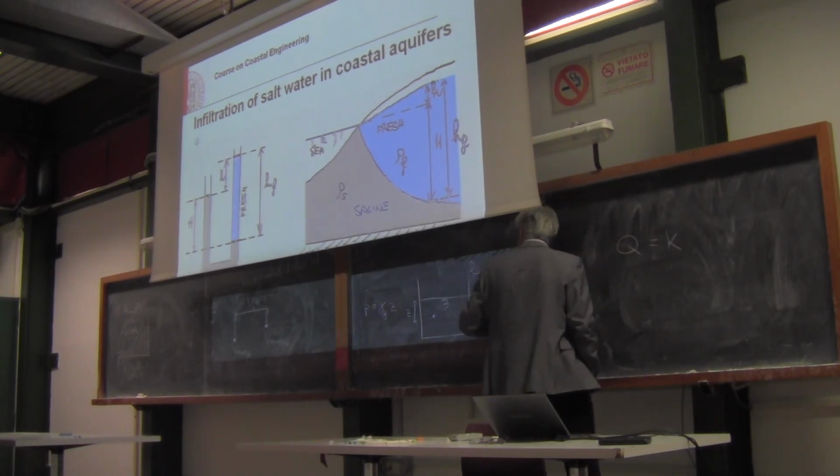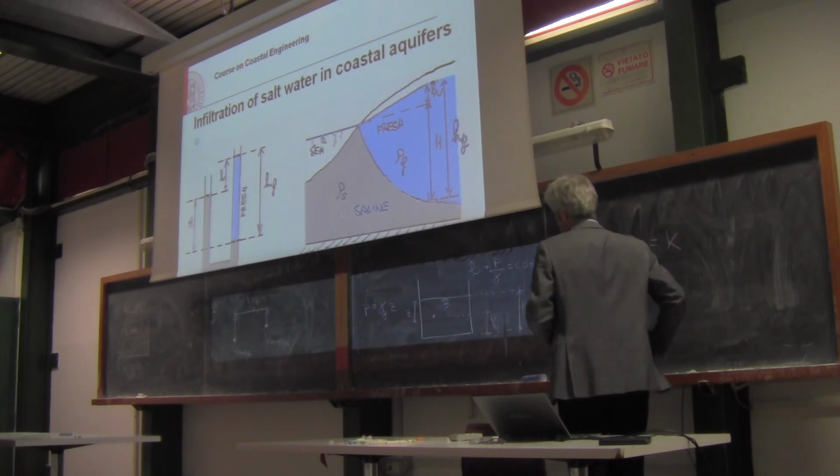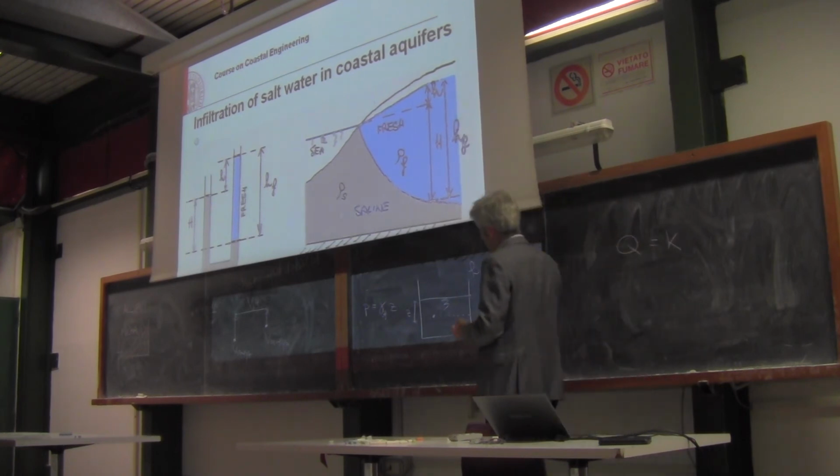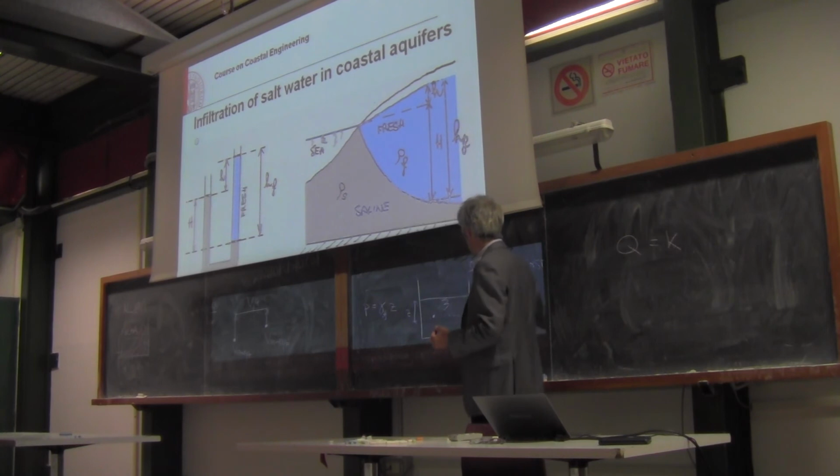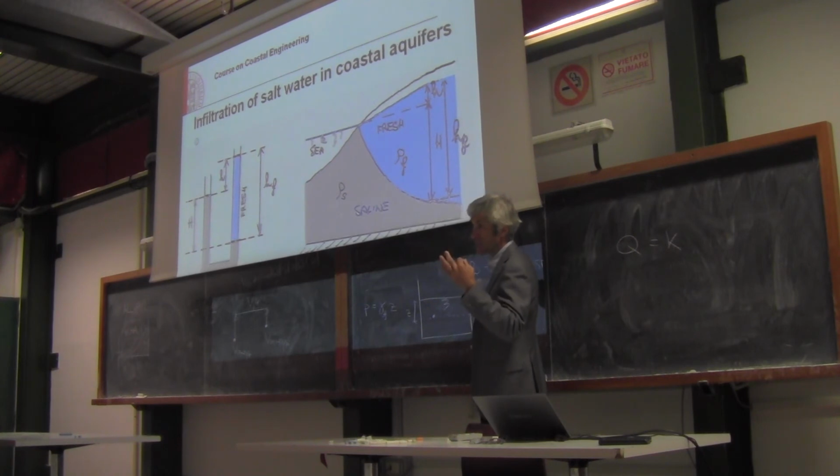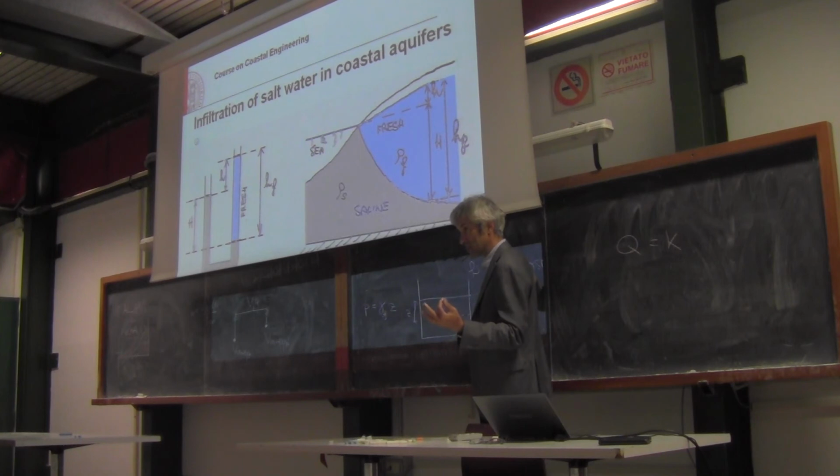What is the implication of the hydrostatic law? The implication is that if I consider another particle with a different position, different h, and different pressure, anyway, the sum of energy related to position plus energy related to pressure is constant.